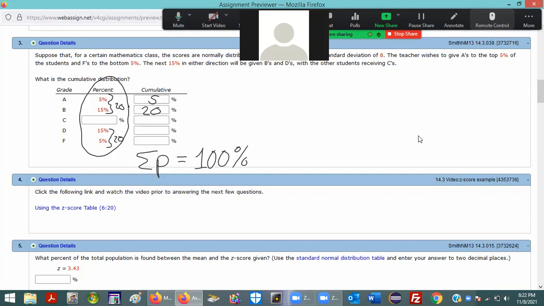That's going to leave 60 for C, because again, we have to sum to 100%. Now we have 60 plus 20 for 80. 80 plus 15, 95. And then 95 plus 5 or 100. So we first had to find the missing percent for the C's, and we then had to find the cumulative as we did before.